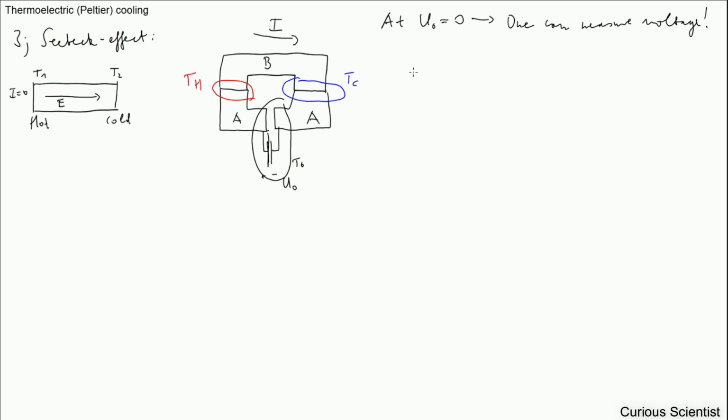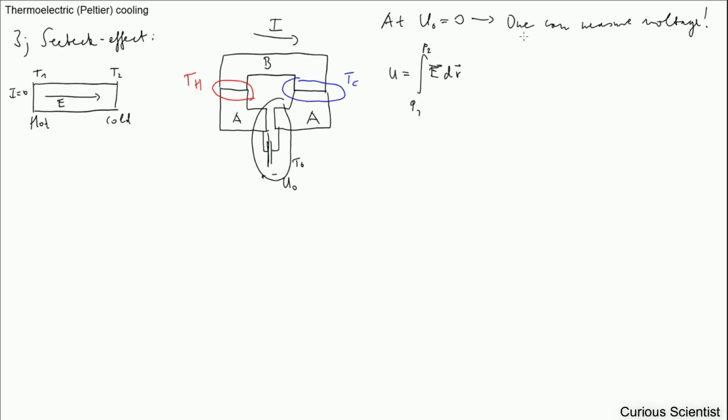Basically, we can get this across two points by integrating the electric field, and then we can split up this equation into the different parts here. So let's do that.